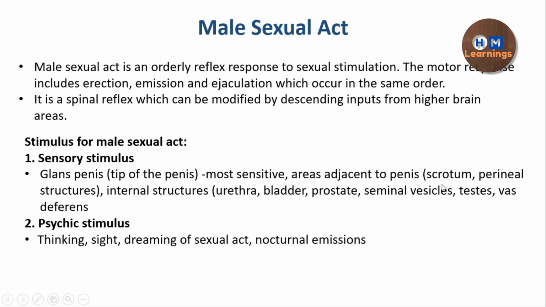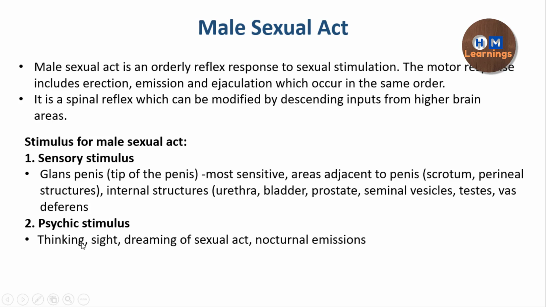The areas adjacent to the penis, that is the scrotum and perineal structures, and the internal structures as well, like urethra, bladder, and prostate, can also contribute. So in the case of the absence of sexual activity for a very long time, the internal structures can take the sensory stimulus through the sensory nerves to the spinal cord, and bring about this reflex response.